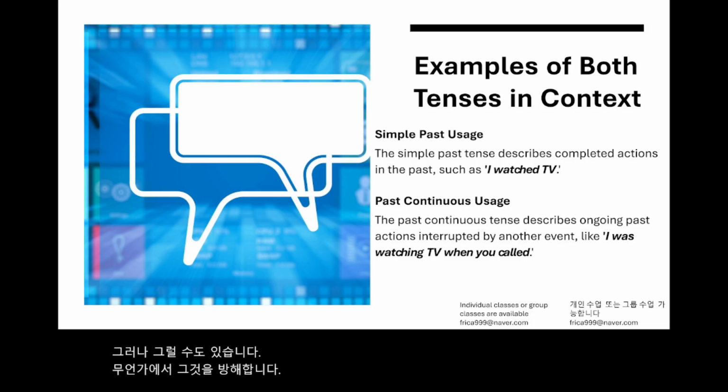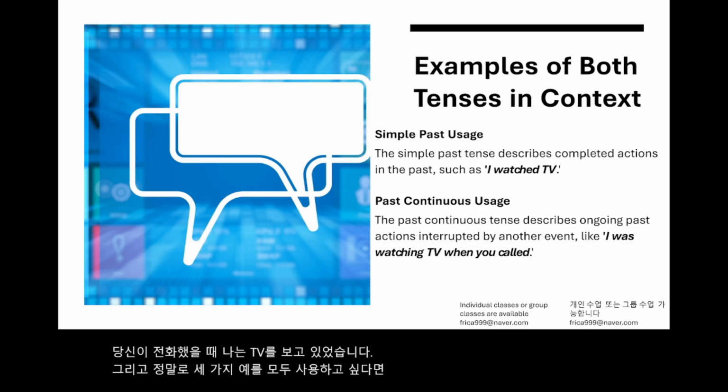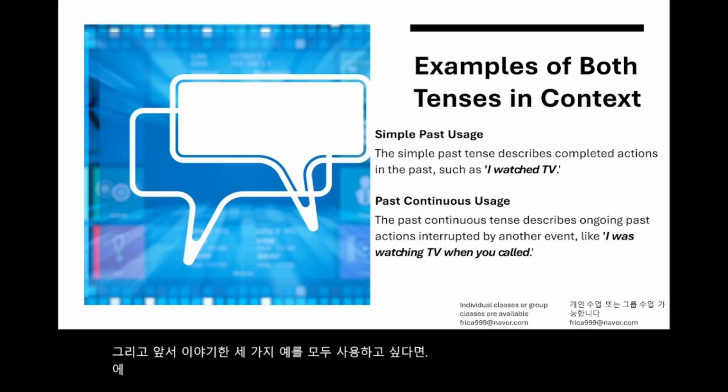I was watching TV when you called. And if you really want to use all three examples of what I talked about earlier, at 8 p.m., I was watching TV when you called. Or you can use while. While I was watching TV, you called.